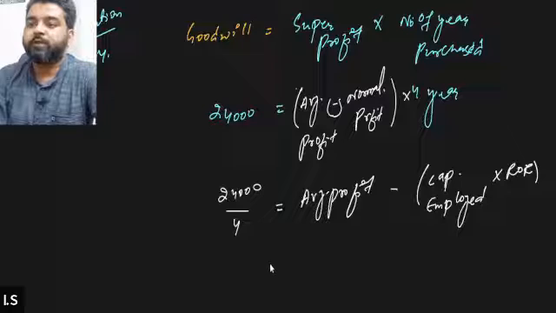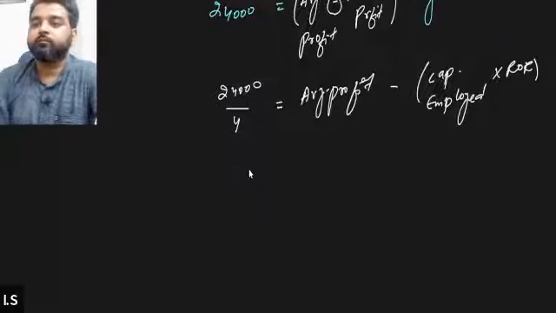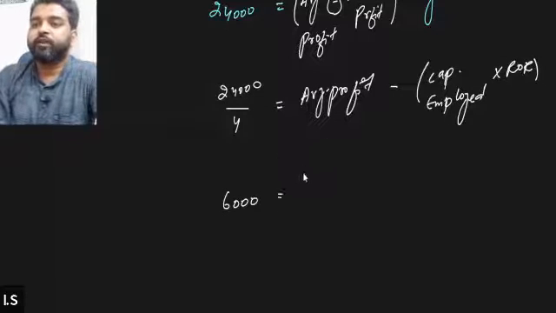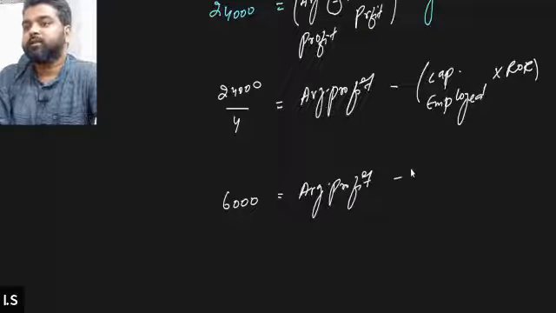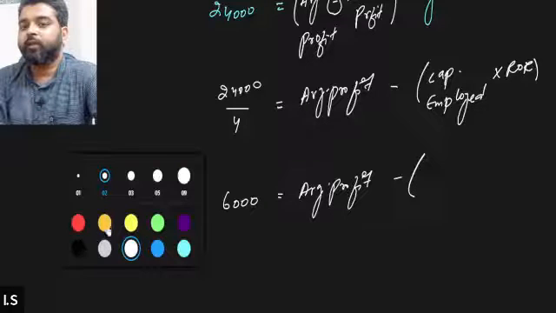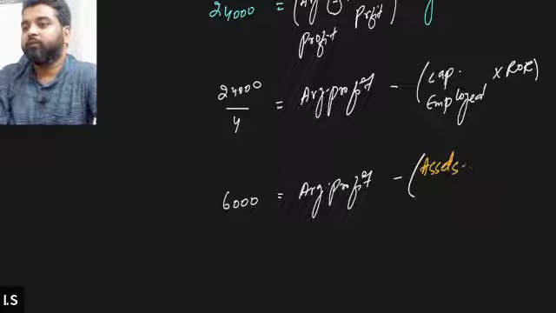But the problem is that the capital employed is also not given directly. First of all, let me divide 24,000 by 4. We will get 6,000 on the left hand side of the equation, and on the right hand side we will be left with the average profit minus the capital employed. Now I've already told you that whenever the capital employed is not given, we subtract the value of the liability out of the value of the assets.